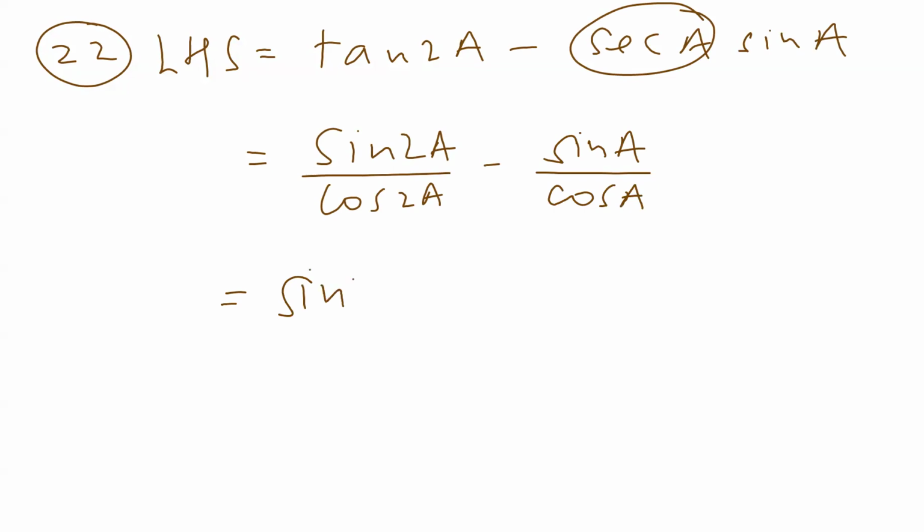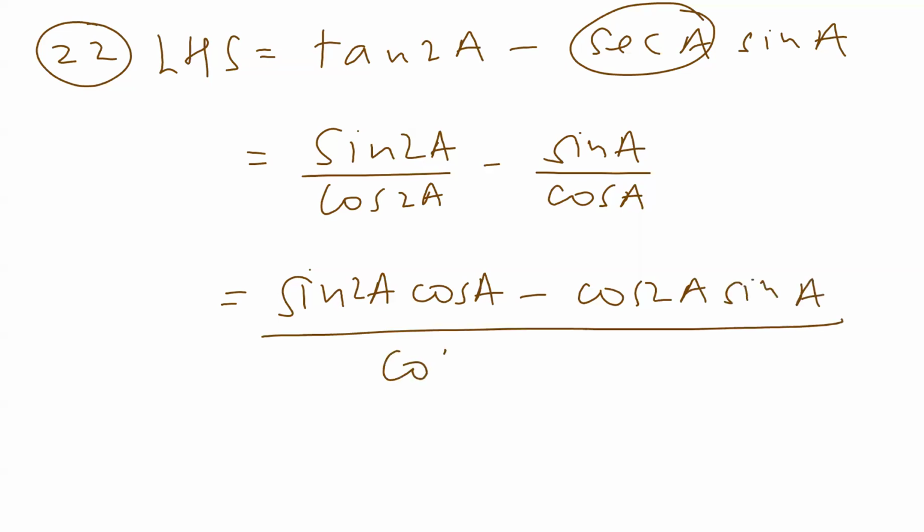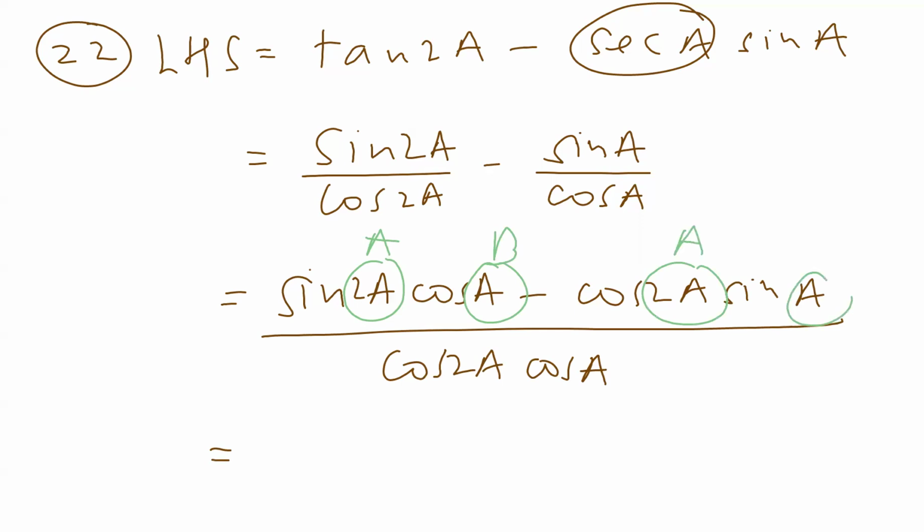Take LCM. Sin 2A cos A minus cos 2A sin A upon cos 2A cos A. Okay. So this is sin A cos B minus cos A sin B, compound angle formula. So sin A cos B minus cos A sin B is sin (A minus B).